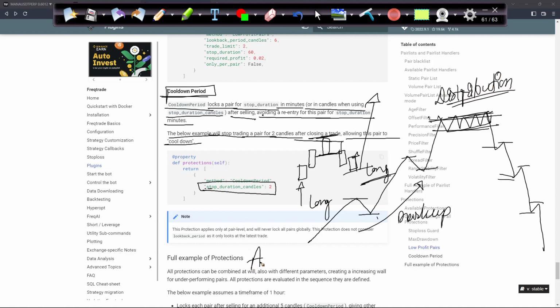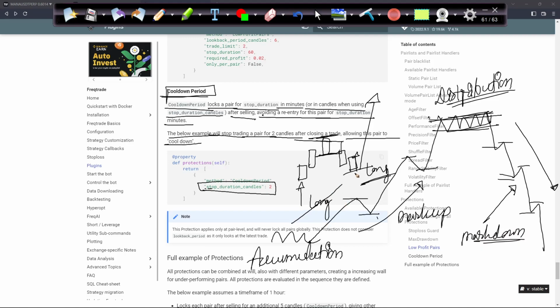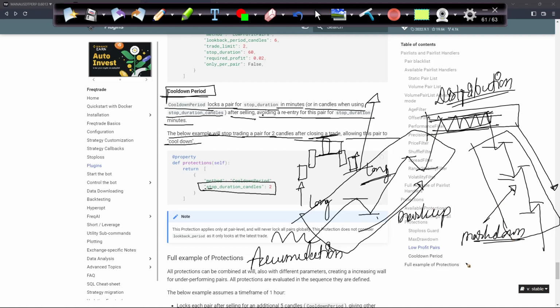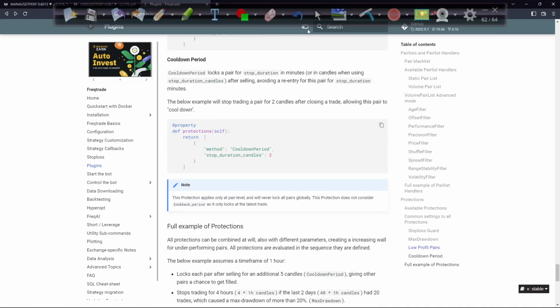This was our accumulation here. And this is our markdown phase going down here. So we want to be trading in this phase, stop our trading here and then continue trading here, and then again stop trading at the reaccumulation phase here. So that's very useful.